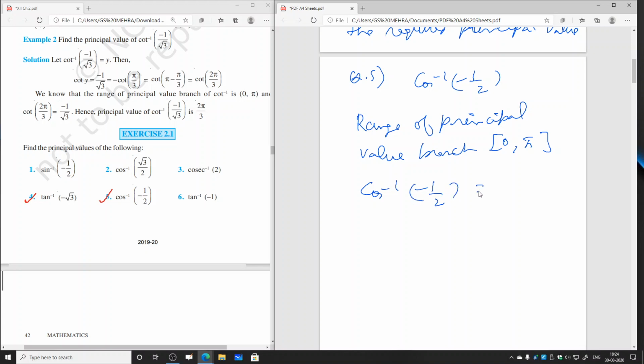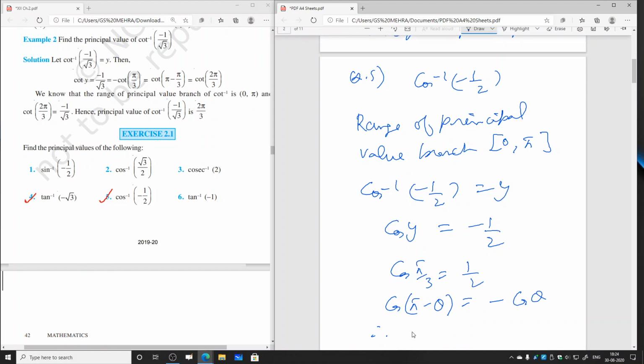Let it be y. So we'll be getting cos y equal to minus half, and we know that the value of cos pi by 3 is half. Also, we know that cos of pi minus theta is minus cos theta.